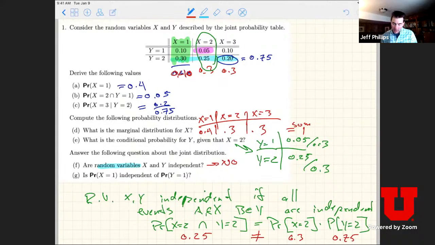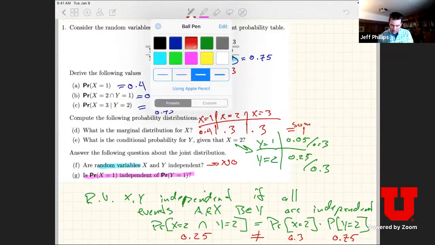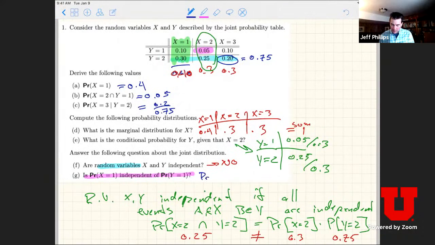Now the tricky thing is events x equals 1 and y equals 1, these could be independent from each other, right? If I write this out, the probability that x is equal to 1 is going to be 0.4.